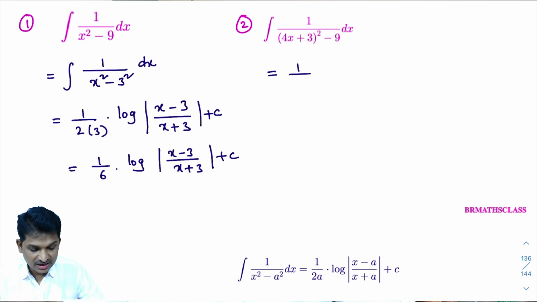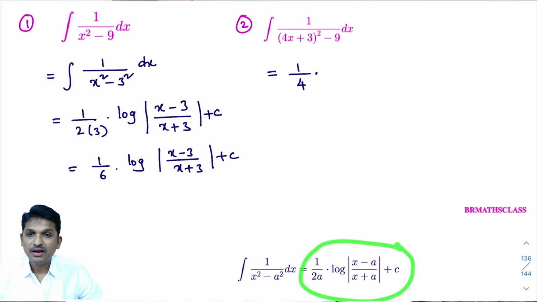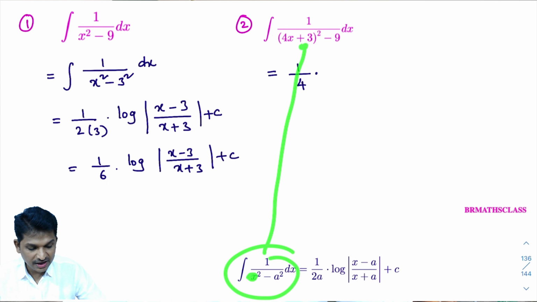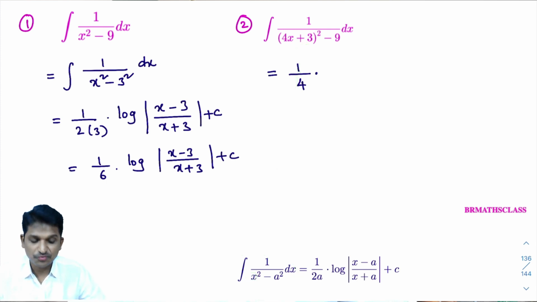Here the x coefficient is 4. So, 1 by 4 into. Now the rest, as usual, follows this formula.